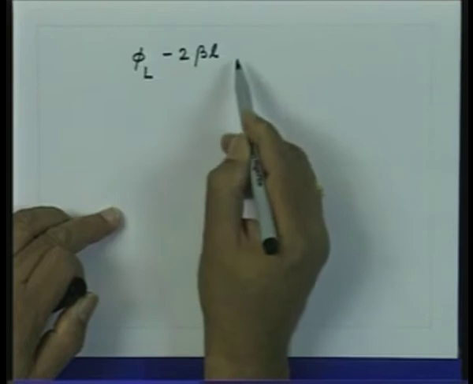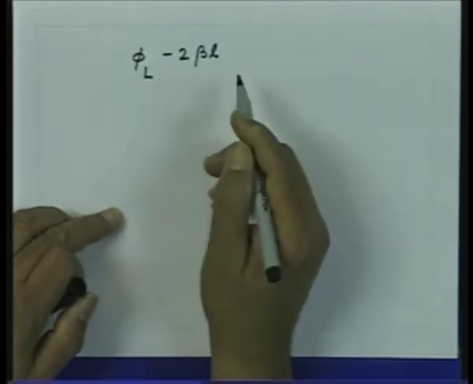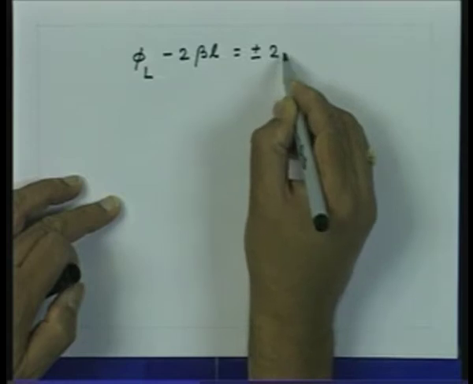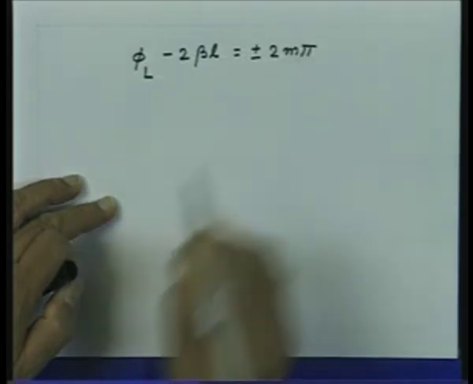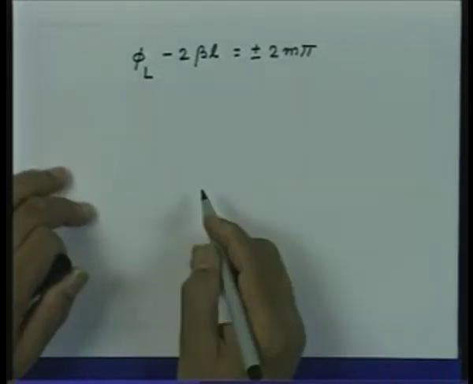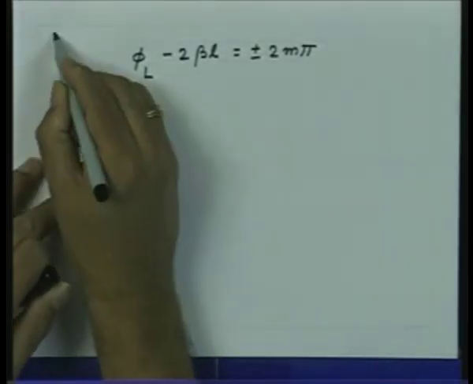When this is odd multiples of pi, we have destructive interference and a voltage minimum. So, in general, when this quantity is equal to plus minus 2 m pi, where m is an integer, we will get the voltage maximum.